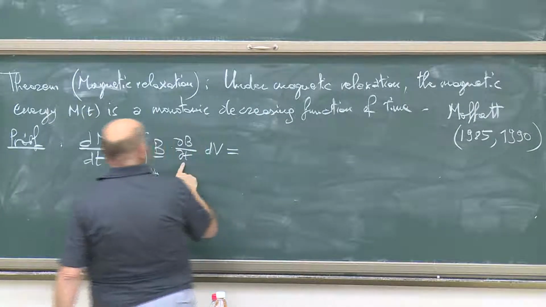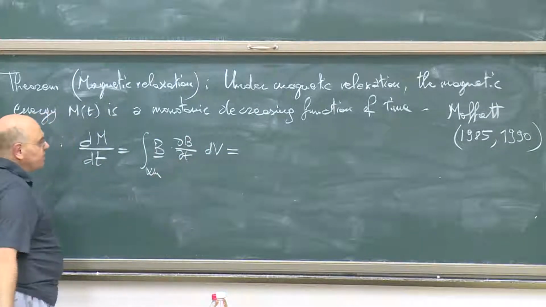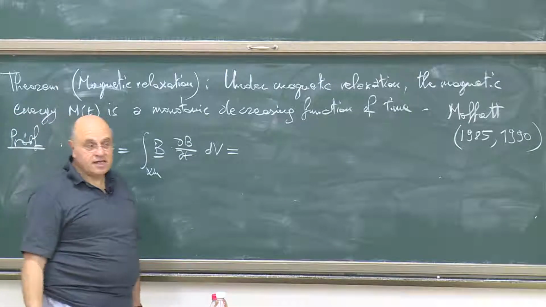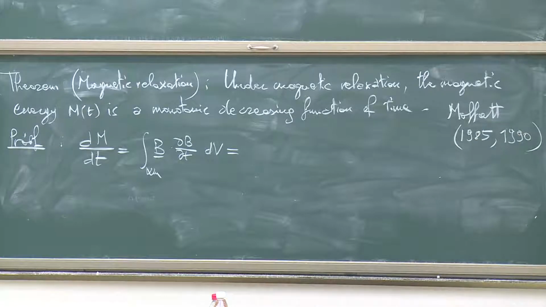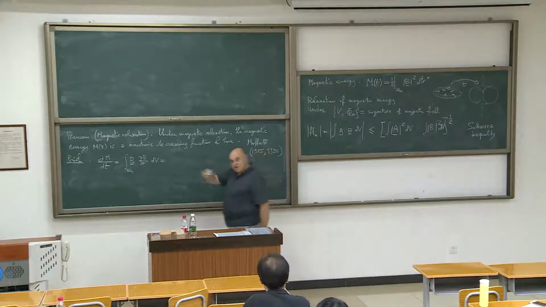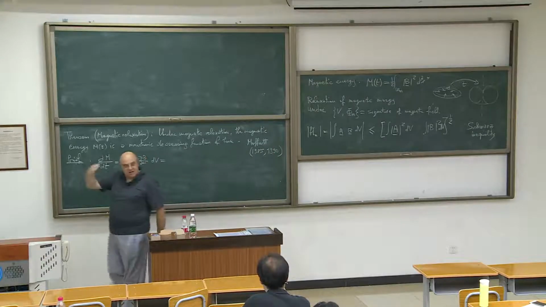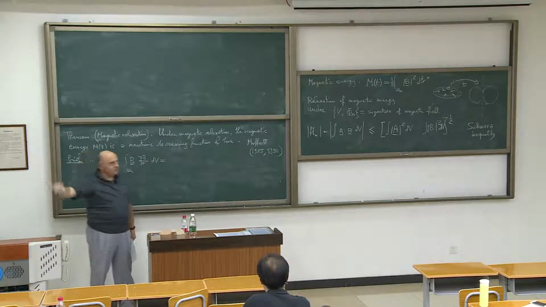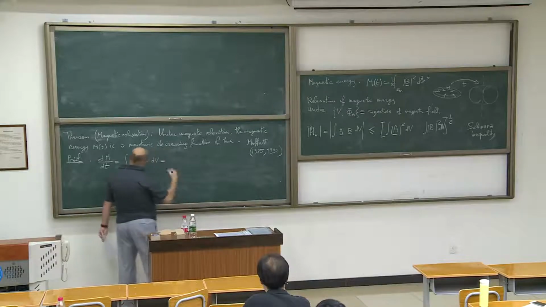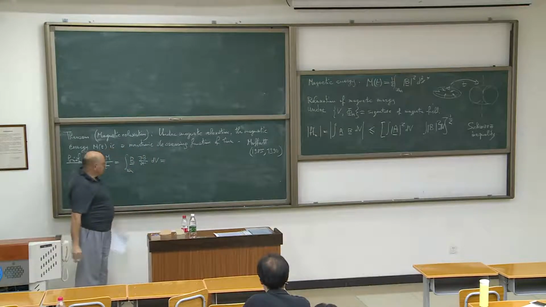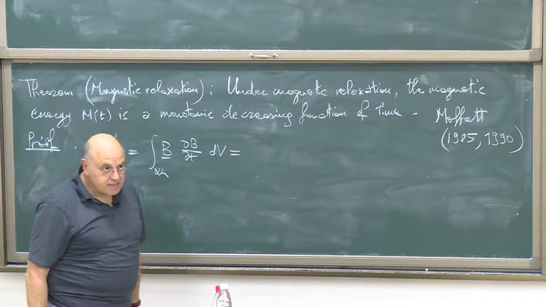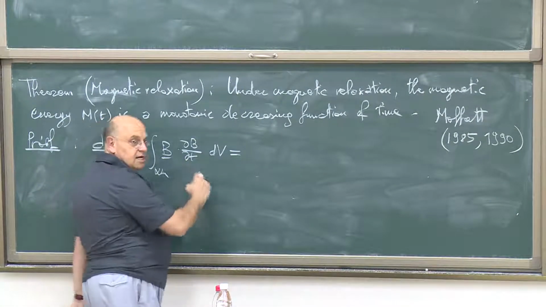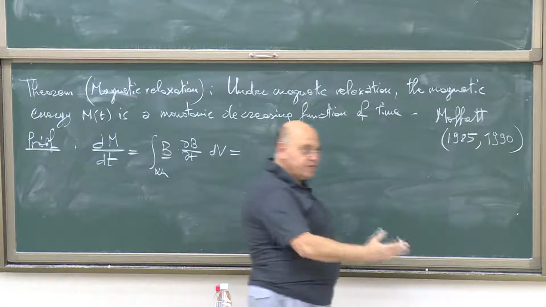For this derivative, I didn't say it, but it's implicit, we use the transport theorem again, assuming that there is no flux through the bounding surface, so that the divergence term disappears, etc., etc. That's why we are left with this derivative. Anyway, now we use Faraday's law: dB/dt equals the curl of u cross B.